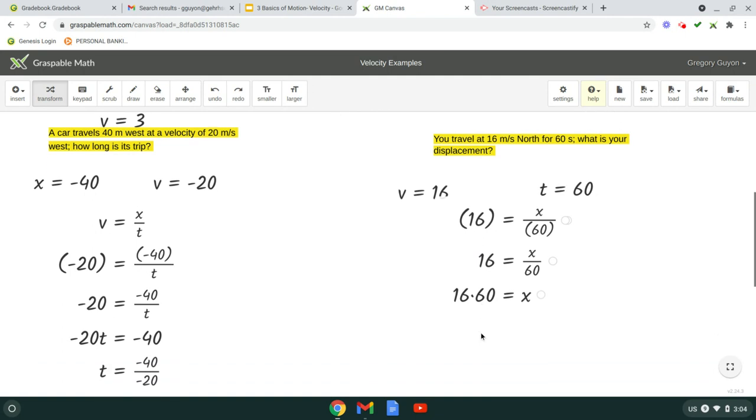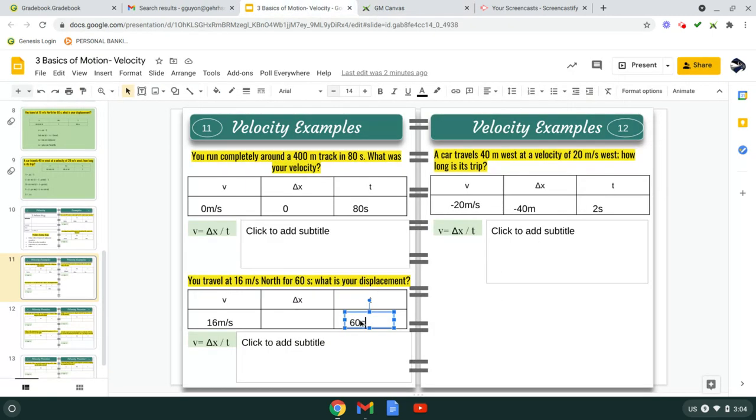So now it's telling me 16 times 60. So I can double click on the multiplication symbol in the middle, and it gives me my answer. So my displacement was 960 meters. So I'll go back into my sheet here, and it's 960 meters.